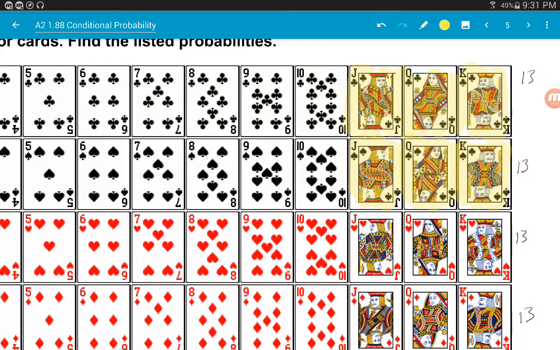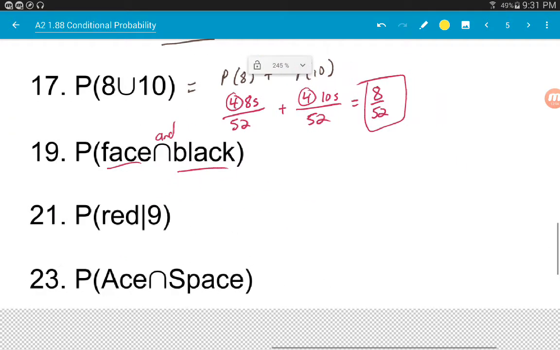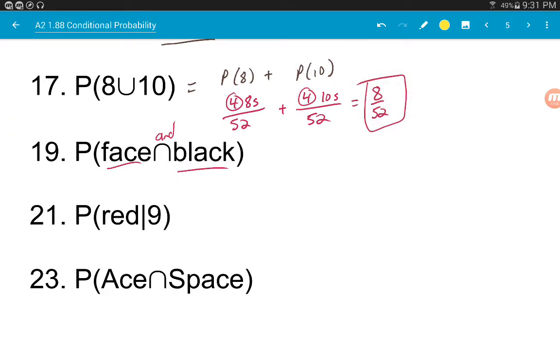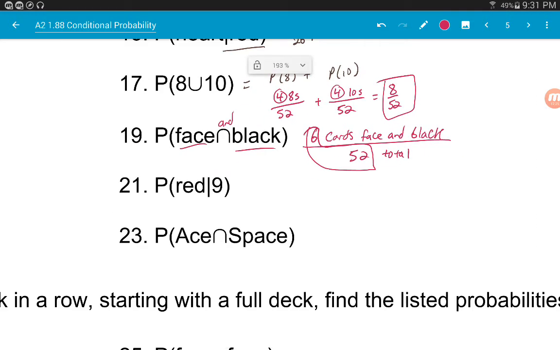These are all black face cards. So there are 6 out of 52. And so 6 out of 52, and you can simplify that with your calculator or divide them both by 2.